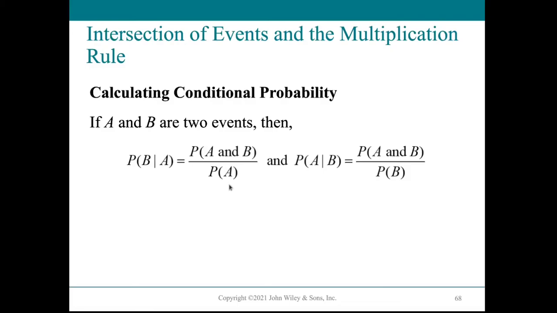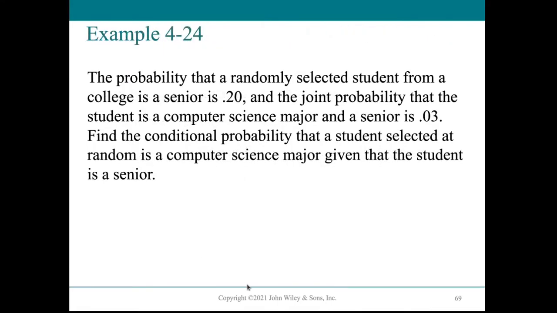Basically, this is just the conditional probability from a while ago, and we just switch it around. The probability of A is not equal to 0 and B is not equal to 0, of course, because they're denominators.